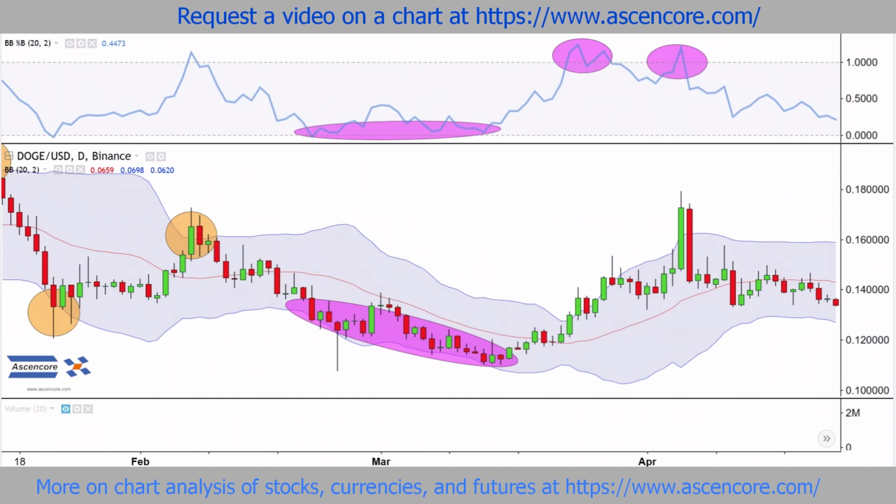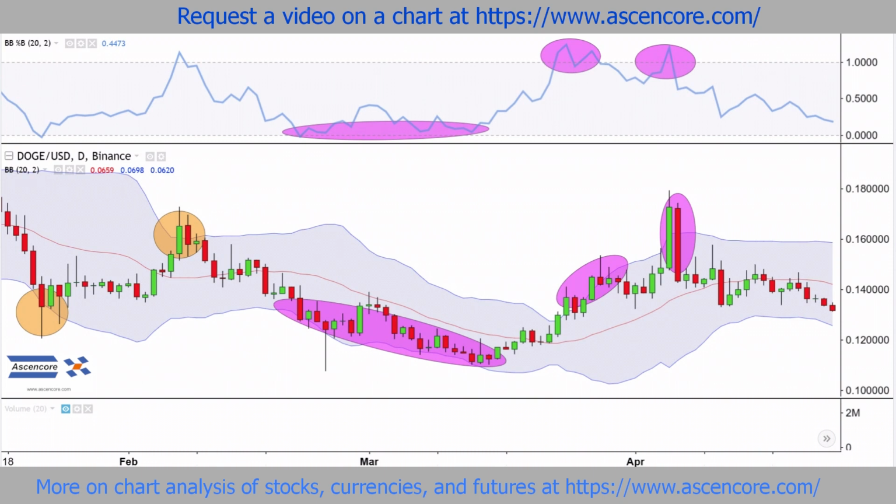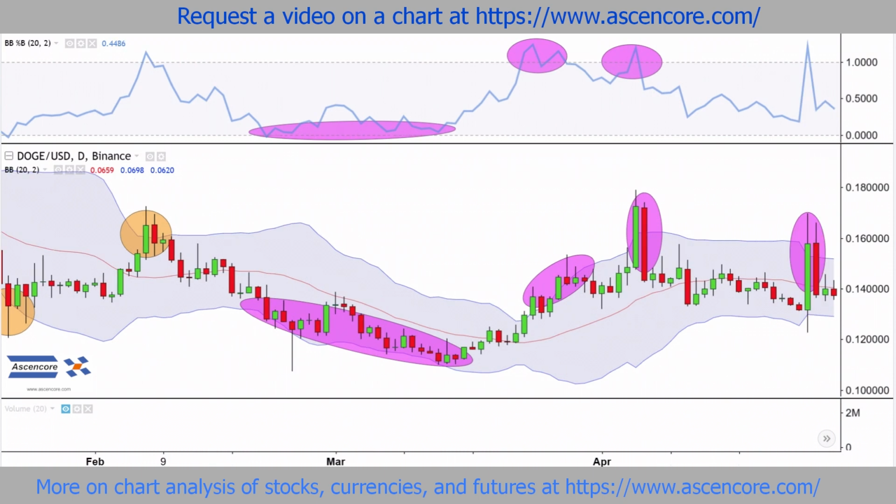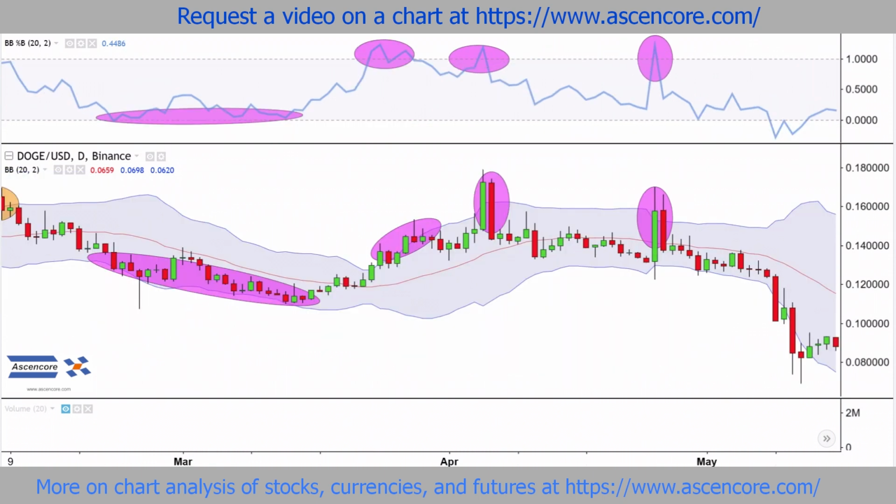When there are higher volatility spikes for a short time like these, you can see why some might have the preference for the cleaner appearance of the Bollinger Band's percent B indicator.